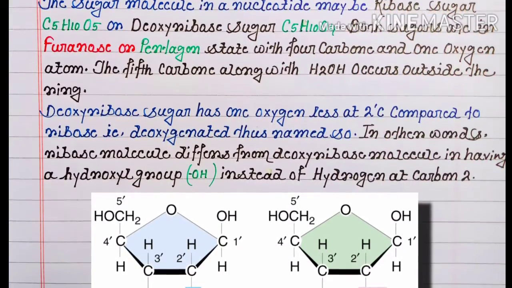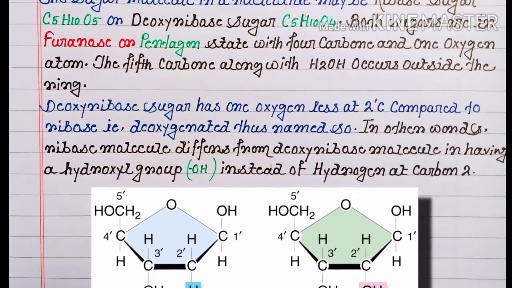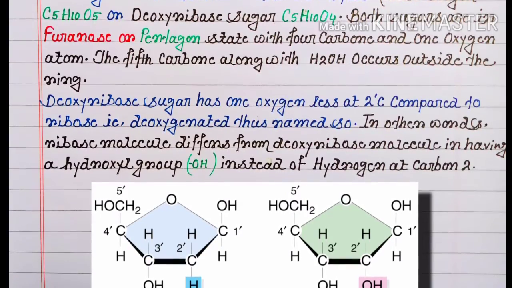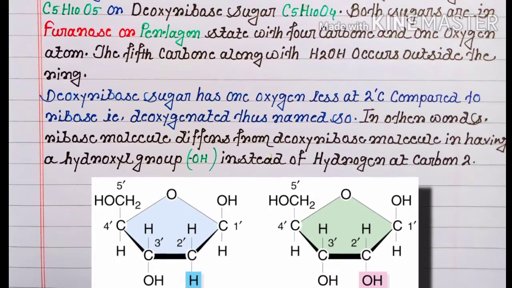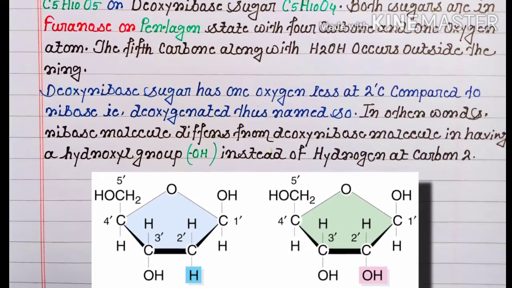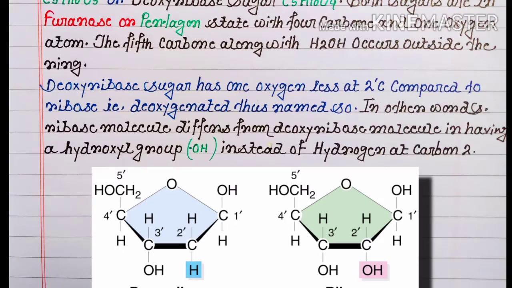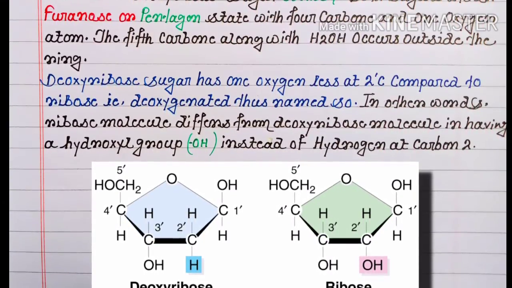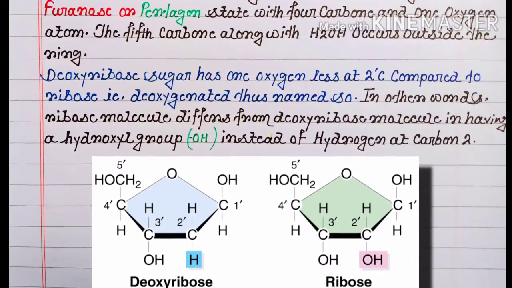The deoxyribose sugar has 1 less oxygen at 2' carbon compared to ribose, that is deoxygenated condition, and thus named so. In other words, ribose molecule differs from deoxyribose molecule in having a hydroxyl group instead of hydrogen at carbon number 2.